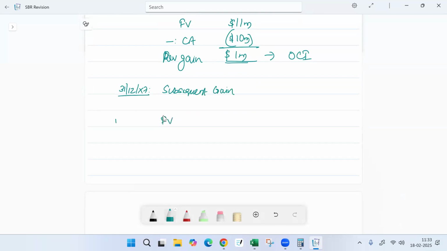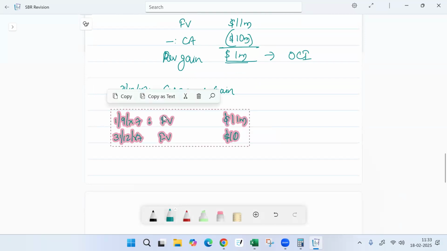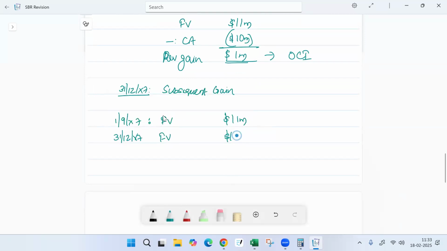Fair value on 1st September X7 was $11 million. Fair value on 31st December X7 is $11.5 million. So 0.5 million is a gain, which will be recognized in profit or loss.